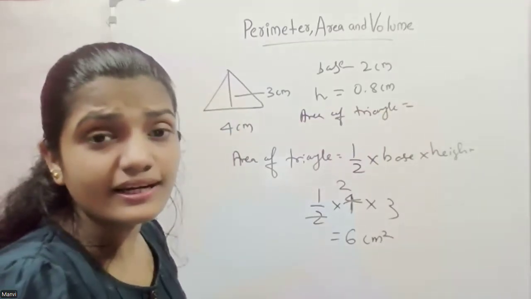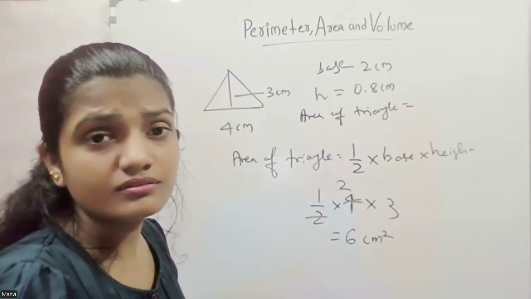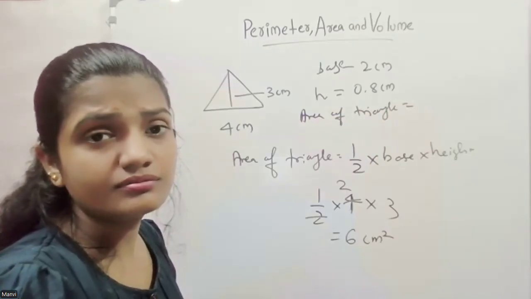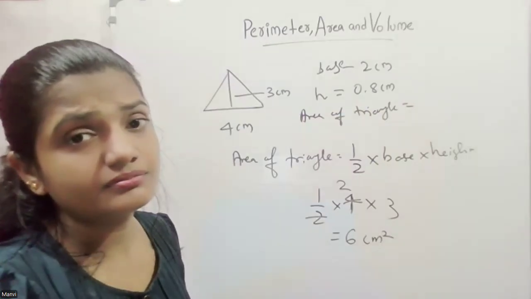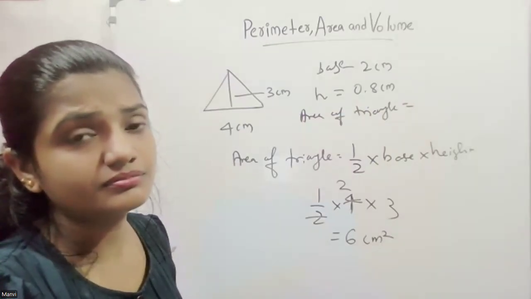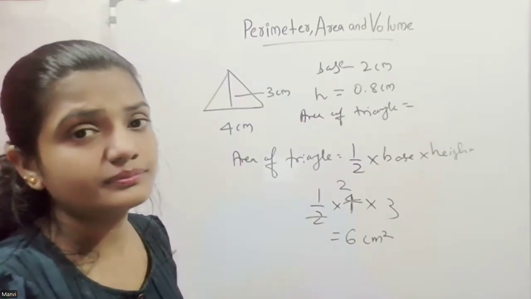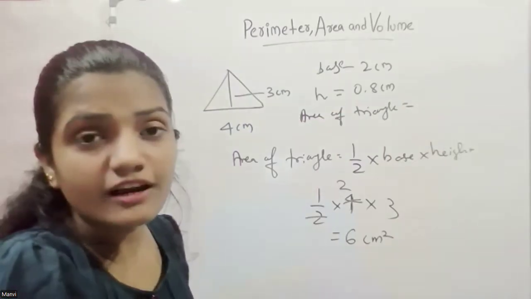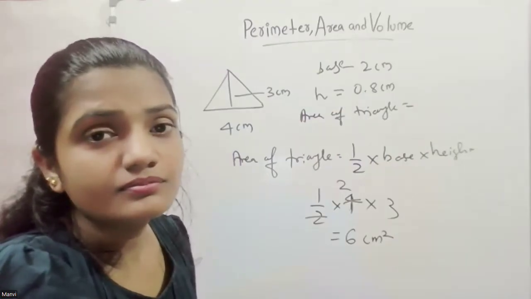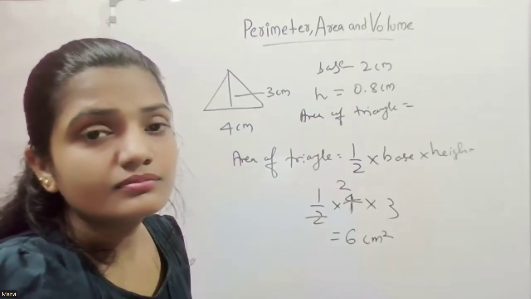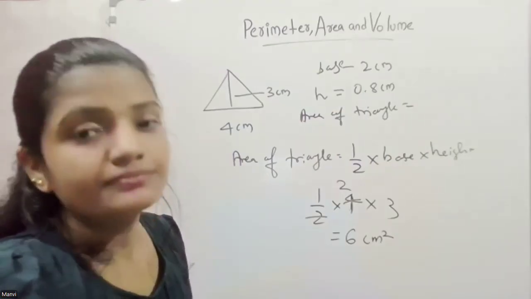Please put the formula correctly, Kavya. What is the formula of area of triangle? Area of triangle is half times base times height.